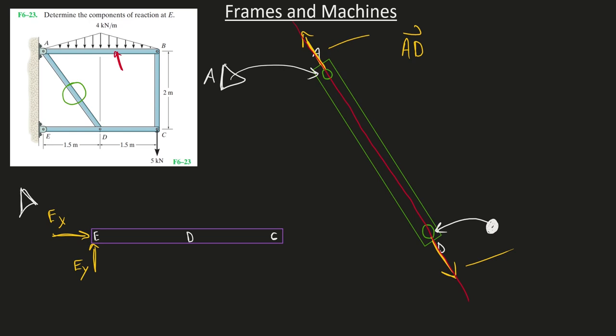And same thing with the pin C. The pin C will also put one force, but all we can say is that this one force will have 2 components, maybe CY and CX. So in frames and machines problems, we're going to have many non-two-force members like this.